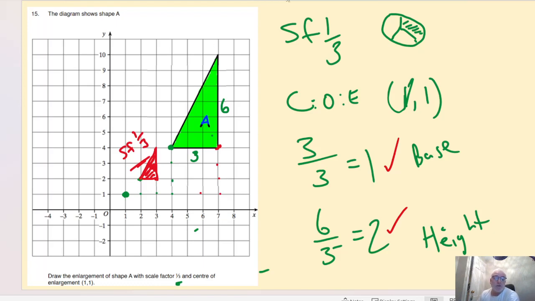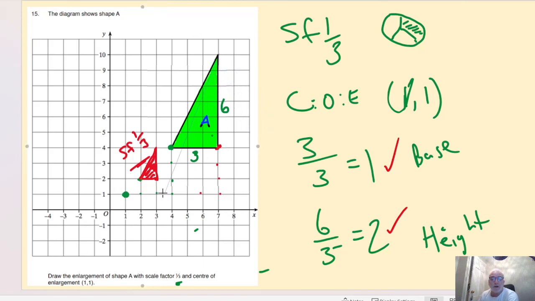Okay, now again, if I wanted to, I could insert a shape, let's insert a line. So let's go from the top point.